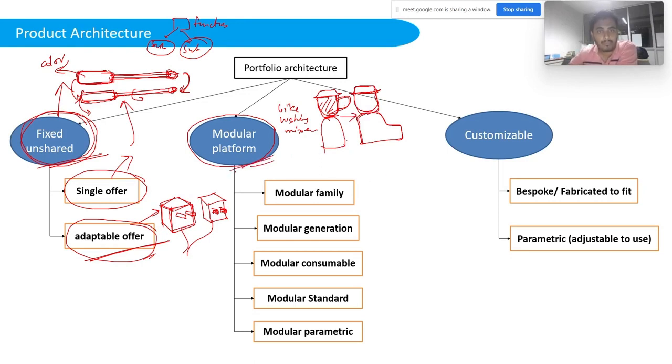And this modular platform architecture has five different categories. The very common one is modular family. Depending upon different customer segments, if you have really distinct customer segments, then you release parallel products in the market.